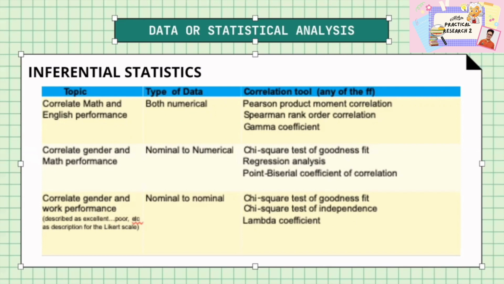So once again, my dear students, you only have to determine the type of data you have, and I have already given you the statistical tools that you may use. You only have to decide which one is your desired statistical tool.